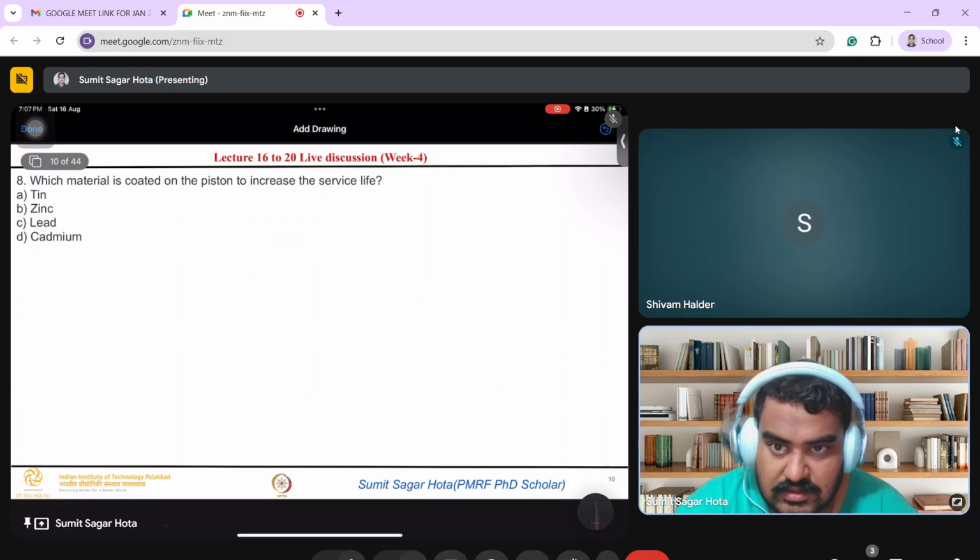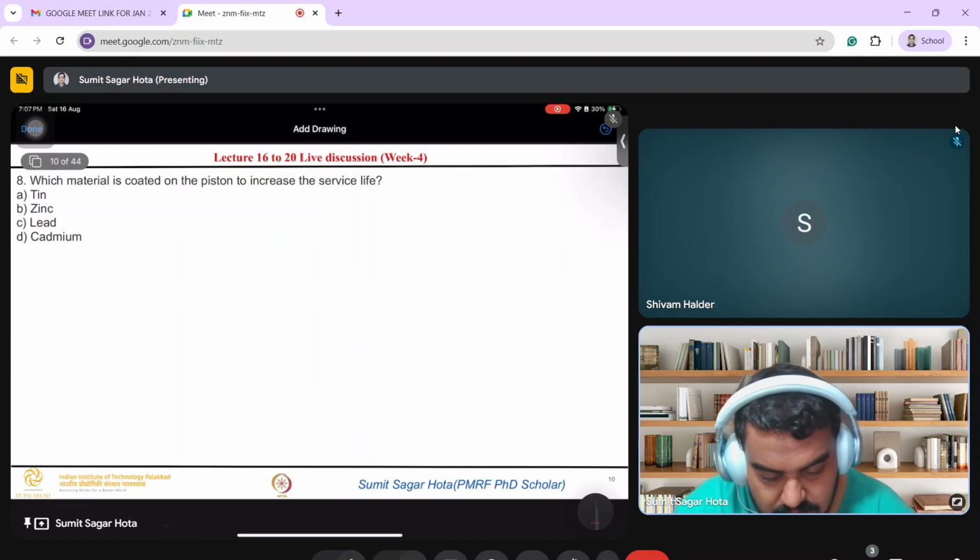Which material is coated on the piston to increase the service life? It's always a tin coating.